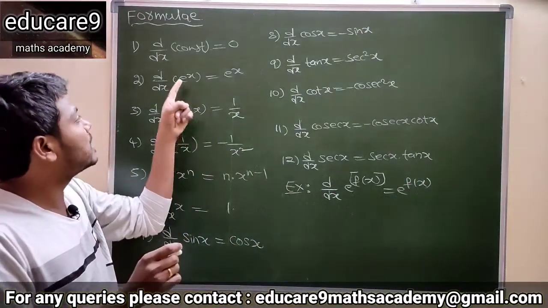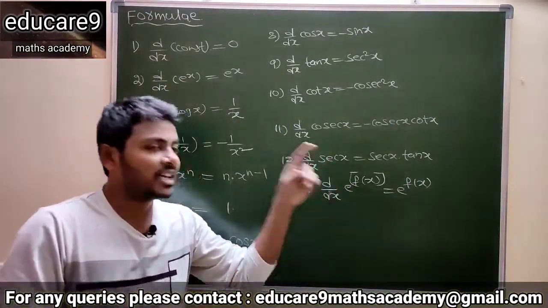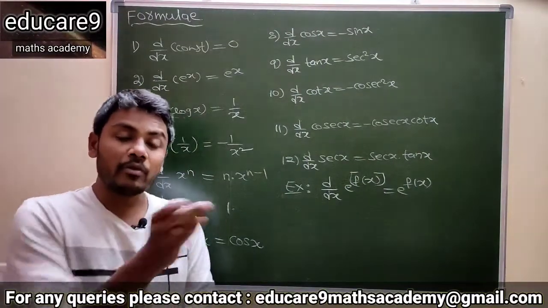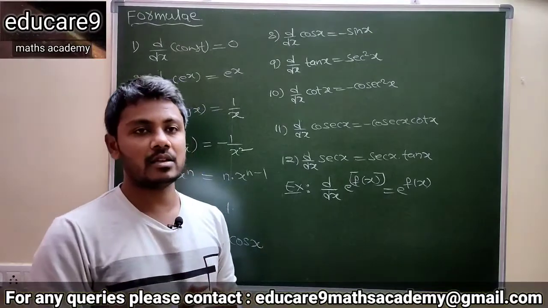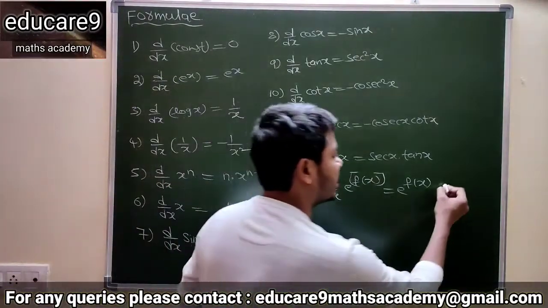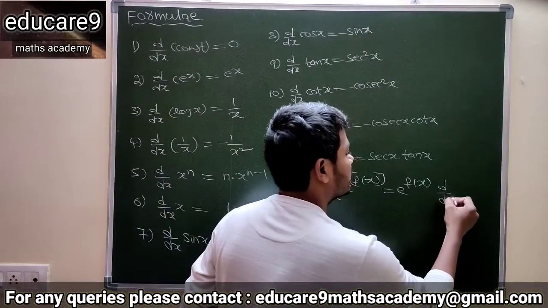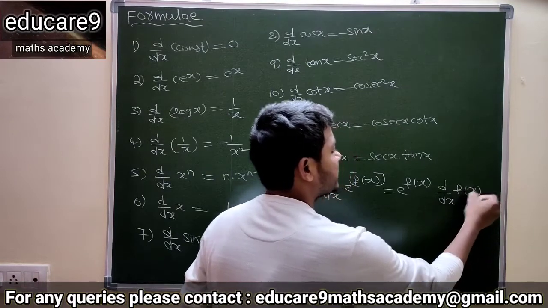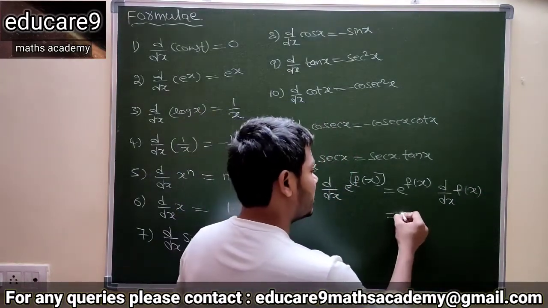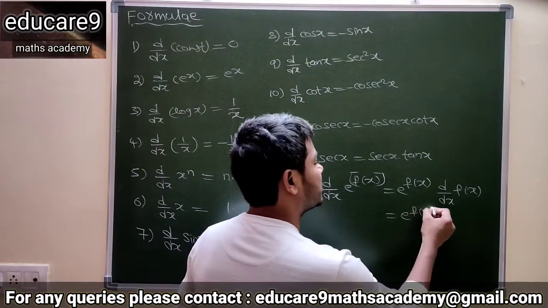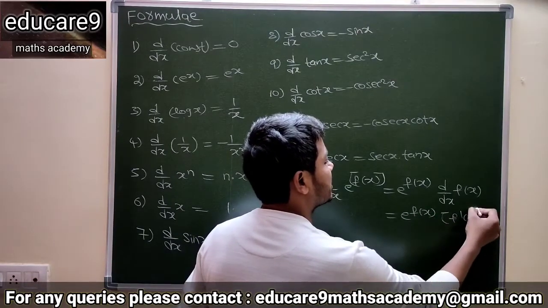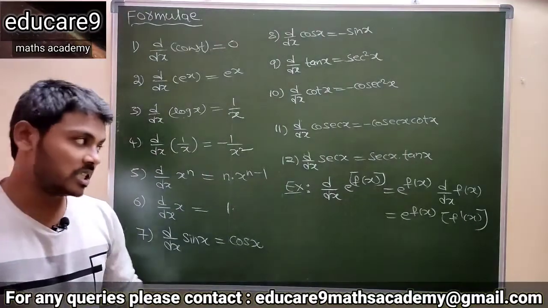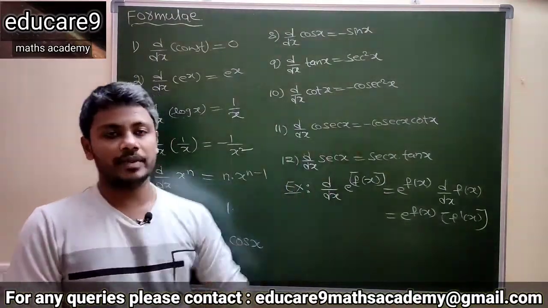But in place of x, f of x is there, so again we have to differentiate that function. So some change is there. We have to differentiate that f of x. So this is e power f of x into the derivative of f of x, f dash of x. So this is the derivative of e power f of x.